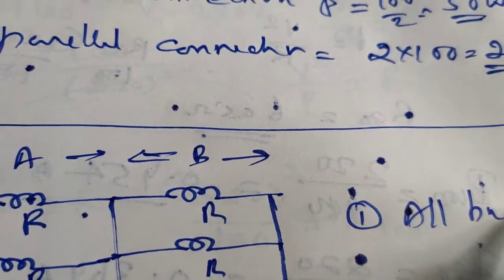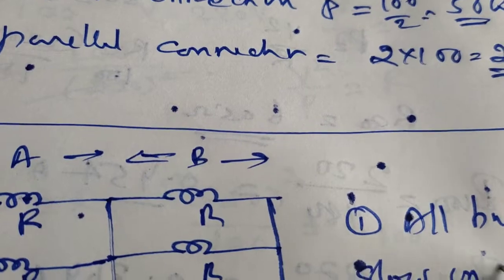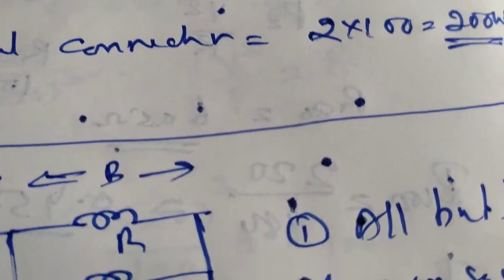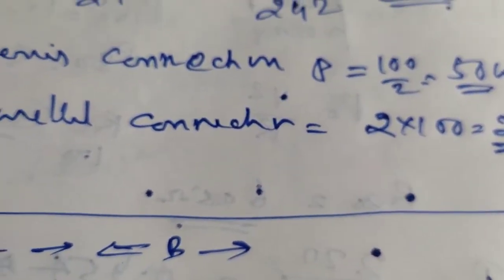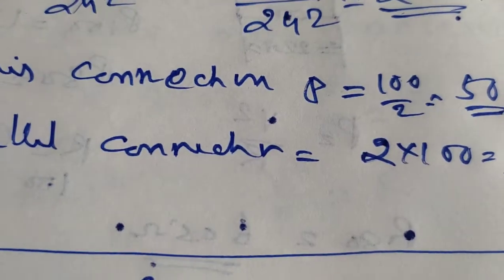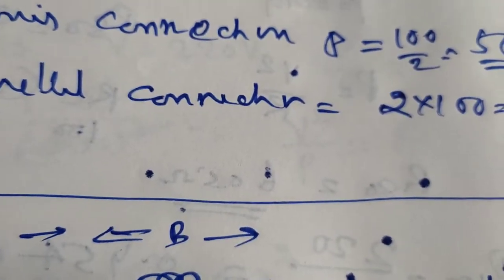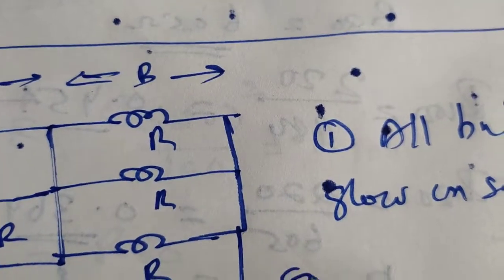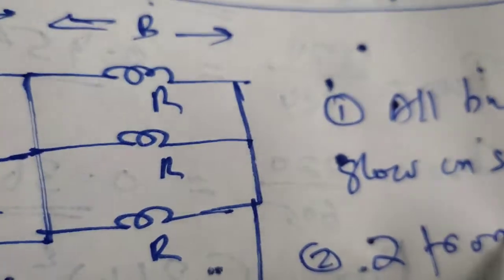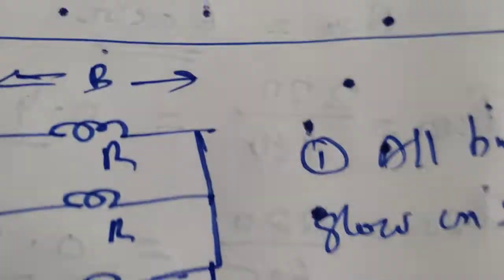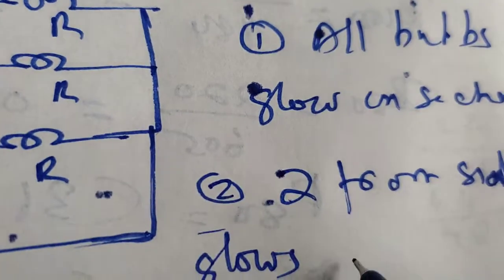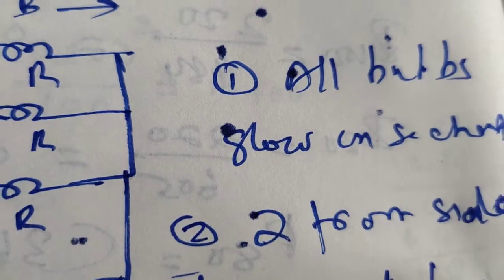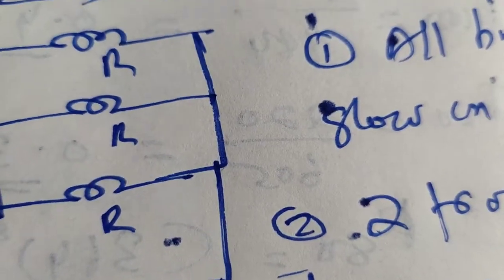Then the condition is this: first, all bulbs glow in section A. Second, two from side A glow and one from side B glows.